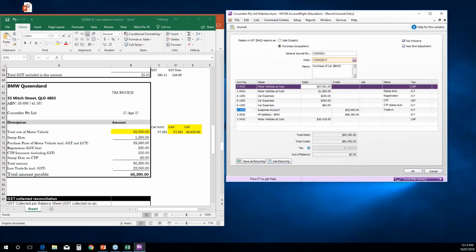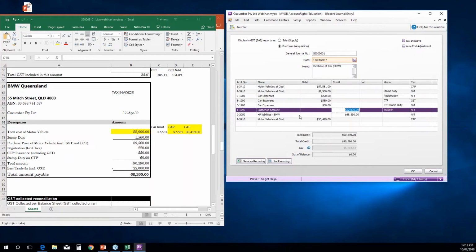And I see another one is hanging in here, which is suspense account. Suspense is the trade-in. When you give the old car to the dealership and then pay a lesser amount for the new car, you will have to report that trade-in as a GST payable. So at the moment, the purchase, I can simply put the GST in here, but this journal entry is in the purchases acquisition state at the moment.